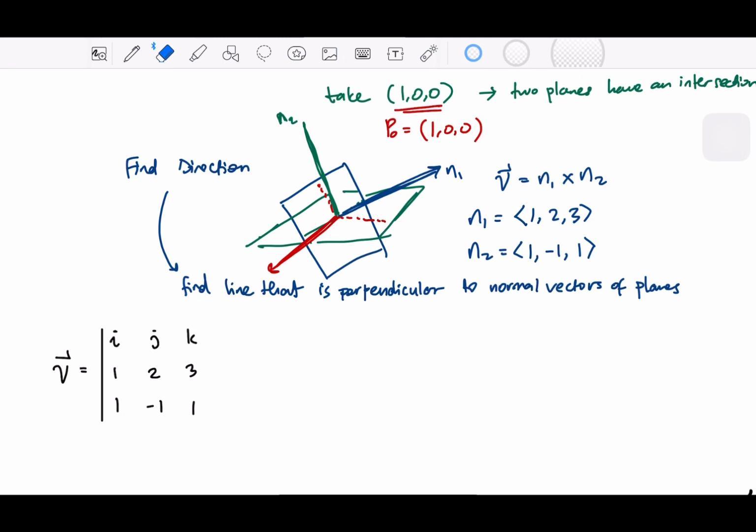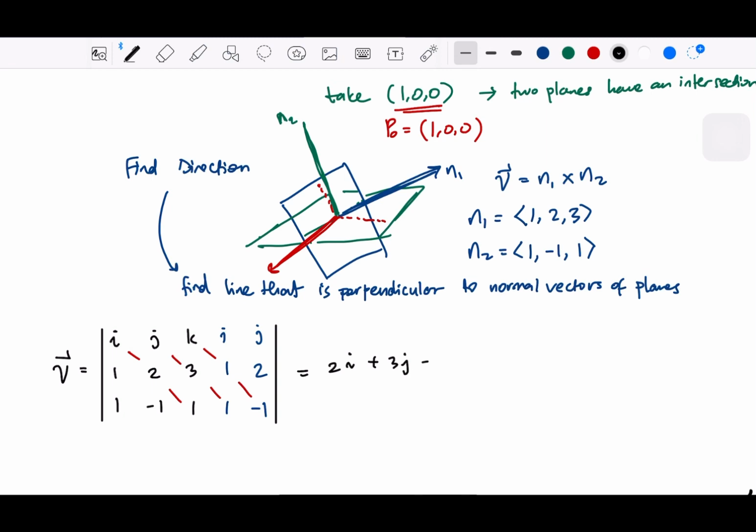Oh, I think I will directly compute this. So i, j, k, 1, 2, 3, 1, -1, 1. So this will be 2i plus 3j minus k, minus 2k minus 3i plus j.